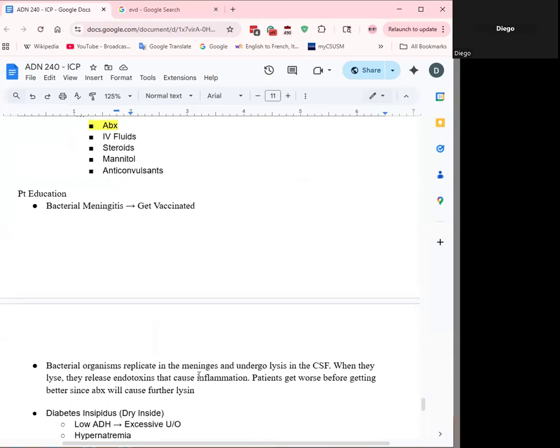That's actually one of the main parts of meningitis: when they get destroyed, they cause inflammation. So when you give them antibiotics, they're actually going to get worse before they get better, which is why meningitis is kind of sucky. But antibiotics are the only real thing you can do to help alleviate what they have.